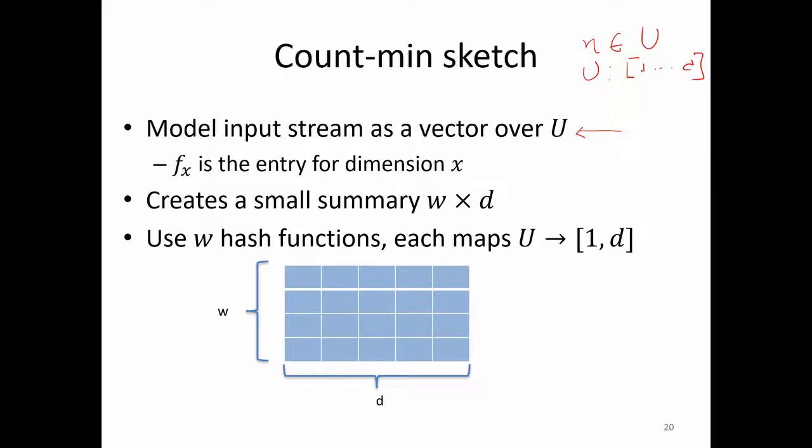And fx is the count. Fx is the true count, but you are trying to maintain an estimate, f hat of x, the entry for dimension x.